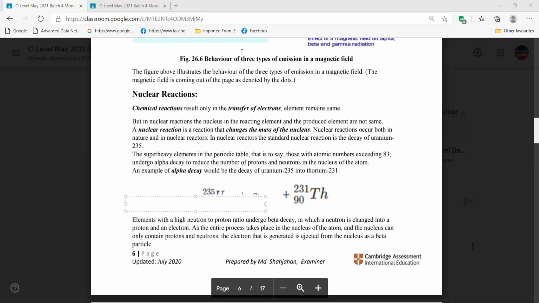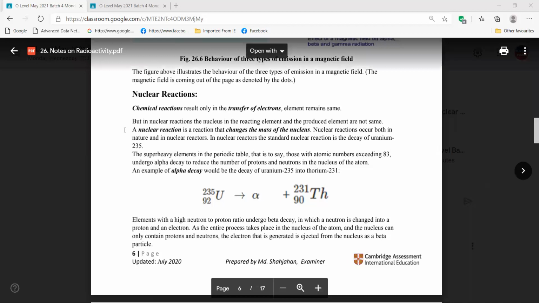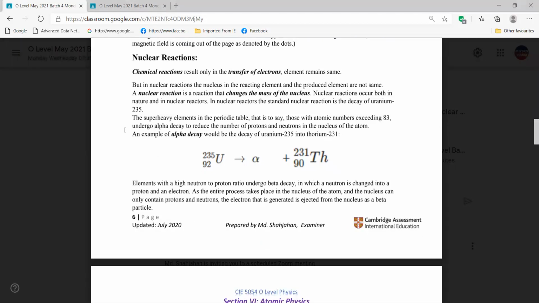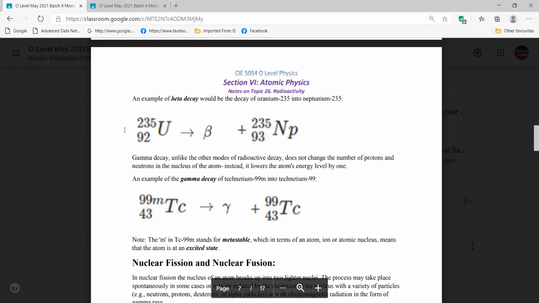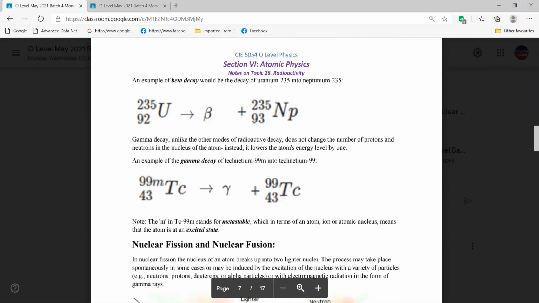Inside the nucleus, there is a force. It is weak force. So we have more forces, like we have a strong force for which the neutrons and protons can stay together inside the nucleus. That is strong force, which overcomes the electrostatic force. We have also electrostatic force over there, right?